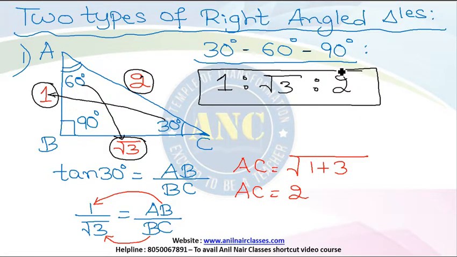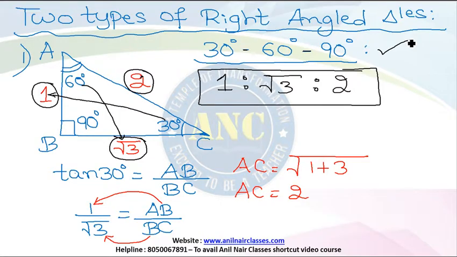Whenever your side is opposite to 30 degrees, if you assume it as 1, then definitely the side which is opposite to 60 degrees will be root 3 units, and definitely the side which is opposite to 90 degrees will be 2 units. In which kind of triangle is it valid? It is valid in a right angle triangle of the form 30 degrees, 60 degrees and 90 degrees.